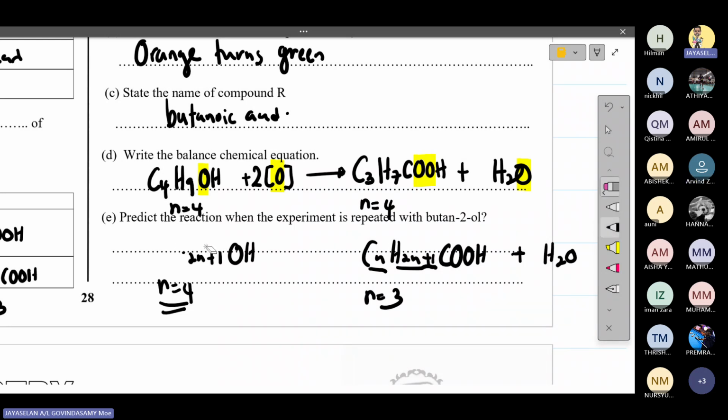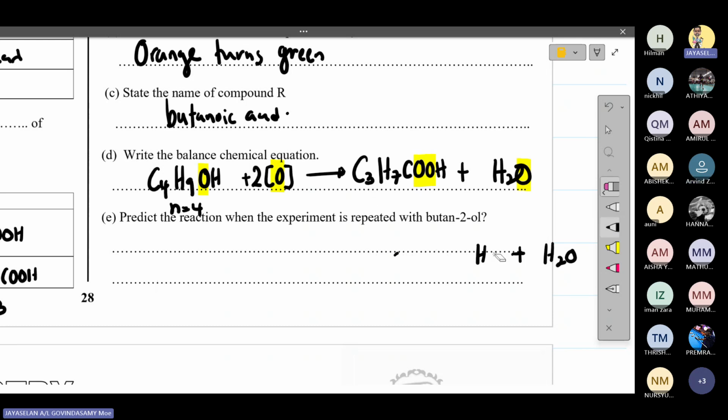If in the exam, instead of writing 2O I write O2, it is wrong, correct? Yes, if I put O2 here, it is wrong, cannot.